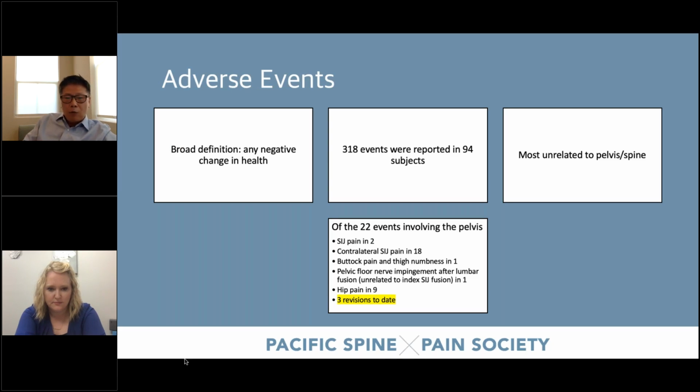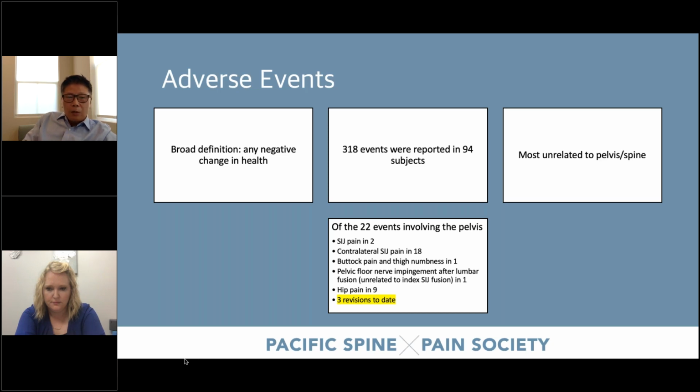I think it's important whenever we talk about any procedures that there are always adverse events. Even with this kind of procedure, I've seen non-unions, I've seen complications related to fracture of the iliac or SI, iliac bone or the sacrum.